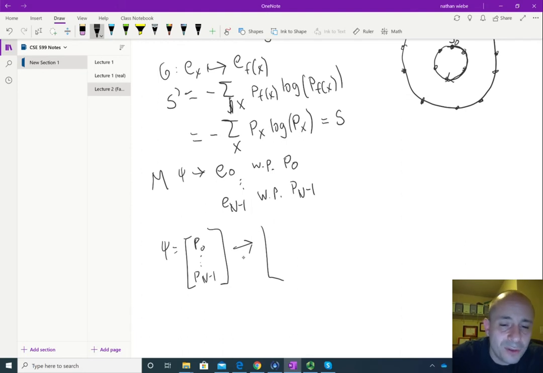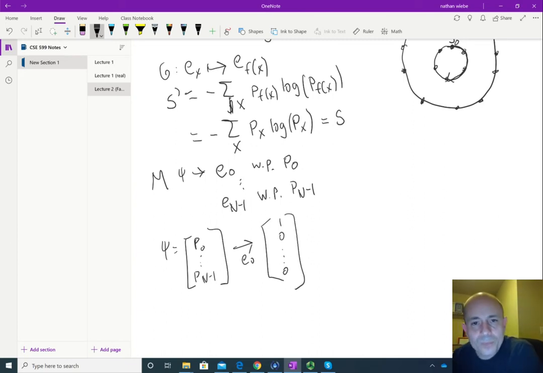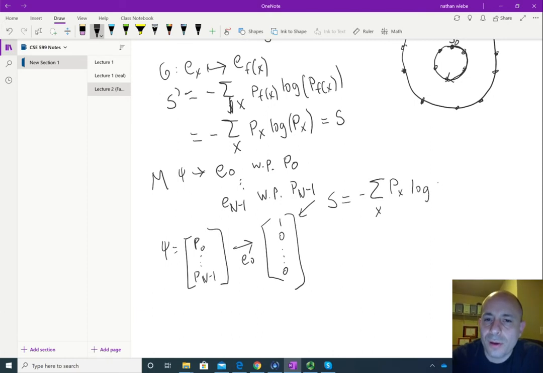If we measured E0, then we will literally just get that popping back out. Now, if we compute the Shannon entropy for this, Shannon entropy is negative sum over x of p(x) log p(x).